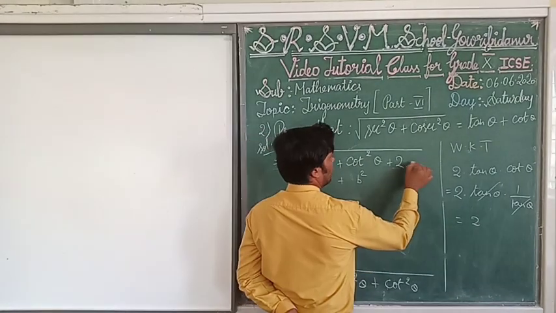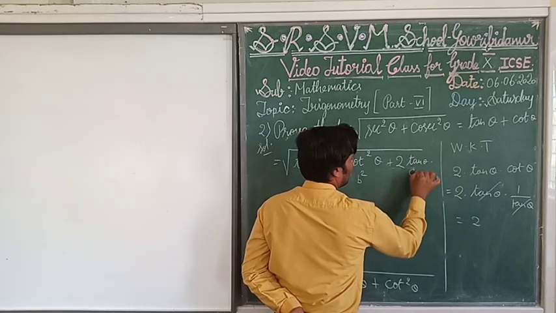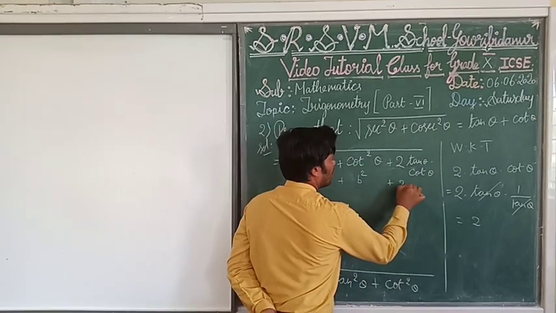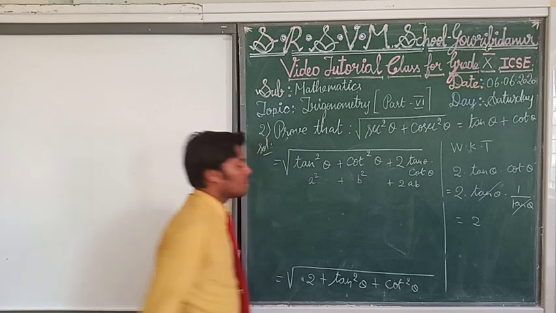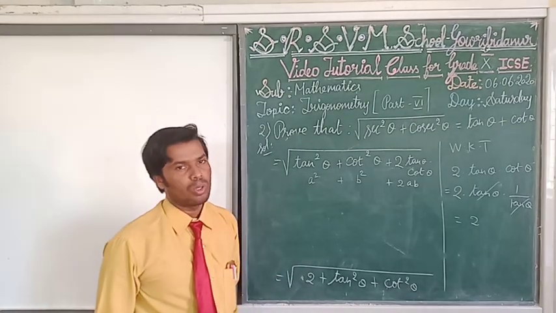So plus 2ab format. So a square plus b square plus 2ab format we can write as a plus b whole square.